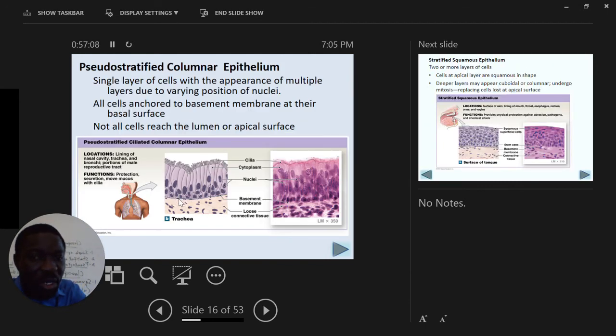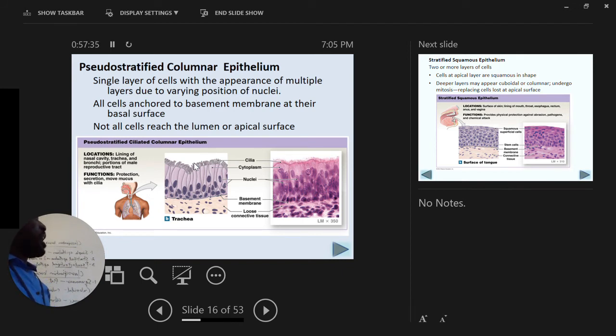It's touching the basement membrane, but it's not touching the apical membrane, right? You are not seeing them on the surface, right? Good. So those are a way that they just camouflage for us as though they are stratified, but they are actually one layer.